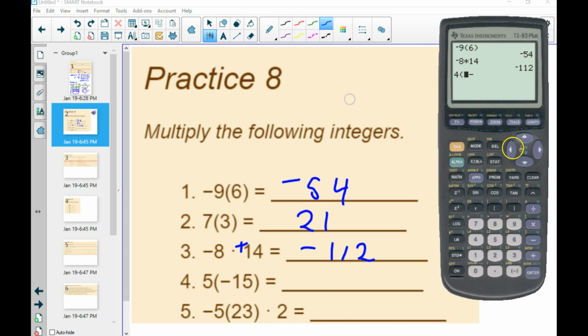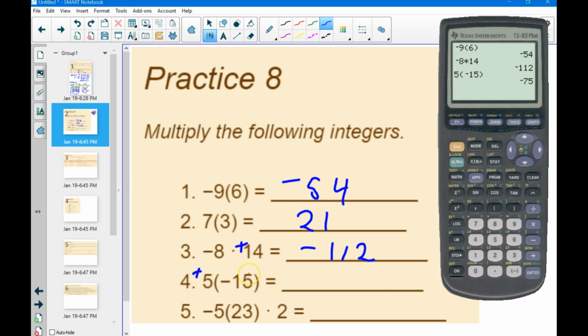So, negative 4 multiplied by, 5, my bad, 5 brackets, -15, close brackets, and that will equal -75, because we have a plus right here and the minus, the signs are different, which gives us a -75.